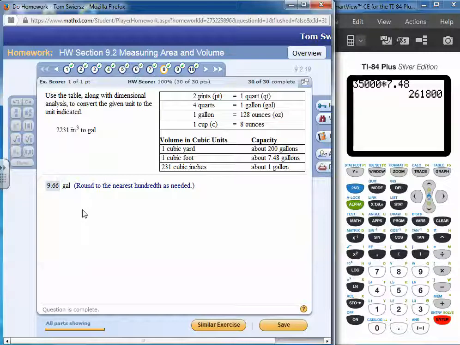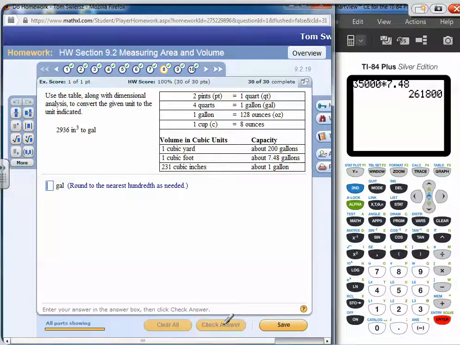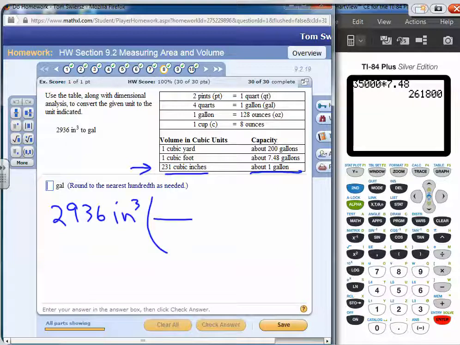Okay, let's do a similar exercise. 2,936 cubic inches to gallons. Again, cubic inches, 231 cubic inches in 1 gallon, right? There's a conversion factor, so 2,936 cubic inches. We want to get gallons, so that goes in the numerator. We want to cancel cubic inches, that goes in the denominator.